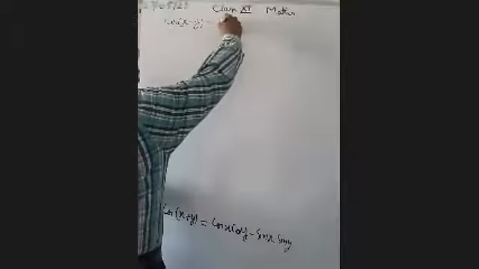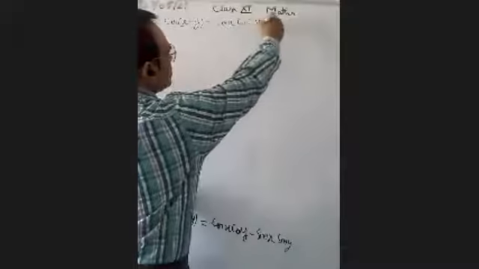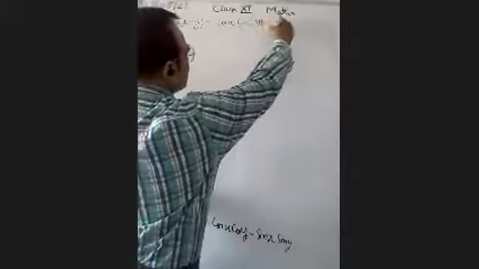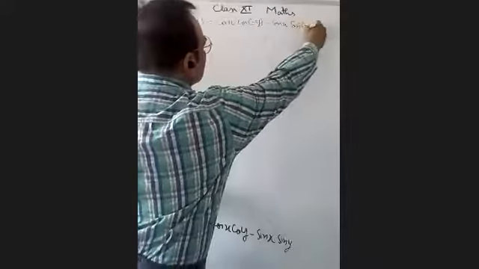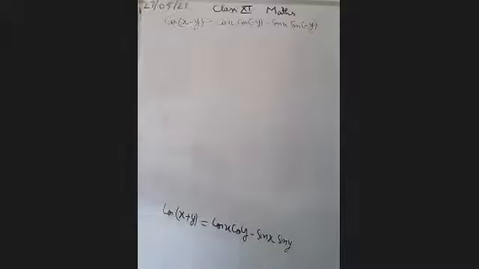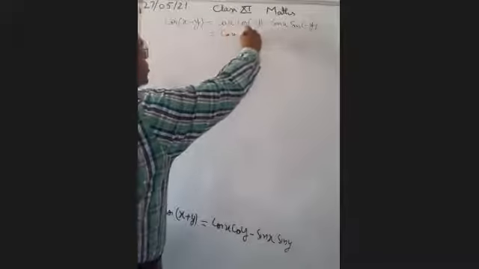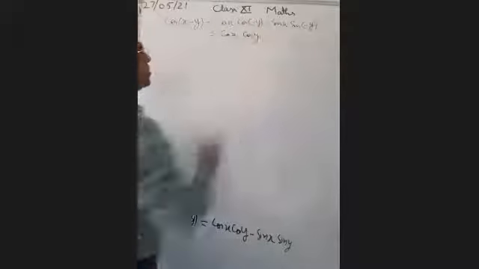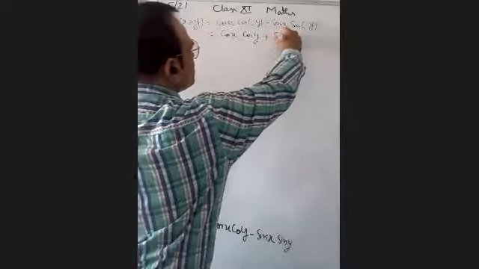Then you get cos x cos(−y) minus sin x sin(−y). So the formula becomes cos x cos y, because cos(−θ) = cos θ, plus sin x sin y.